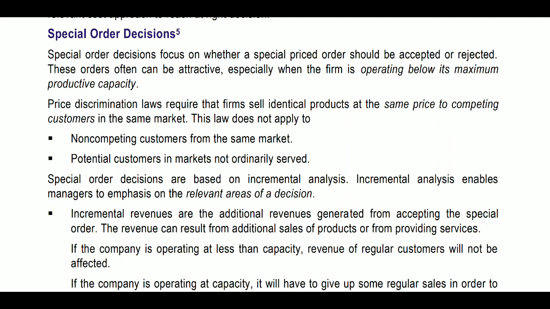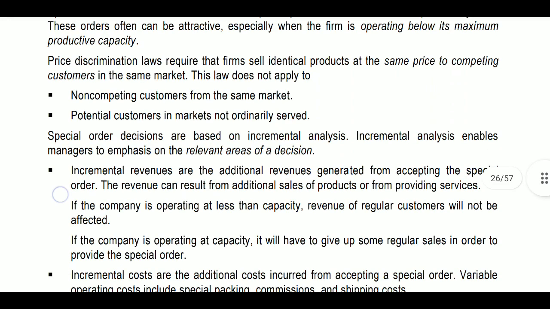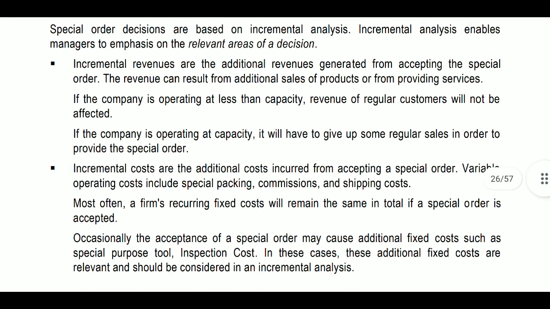It is a one-time order. So we will see the maximum price to be charged. That is the relevant cost. What is the maximum price to be charged? That is the relevant cost. After that, evaluation of special orders: what is the relevant revenue minus the relevant cost, and what is the net benefit or loss.